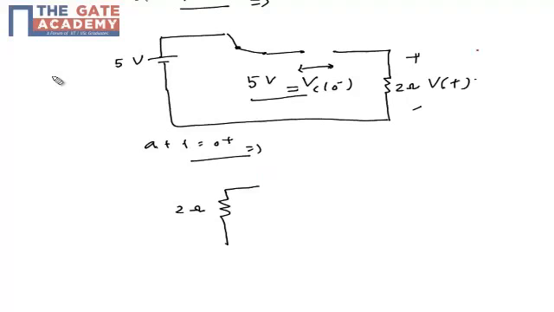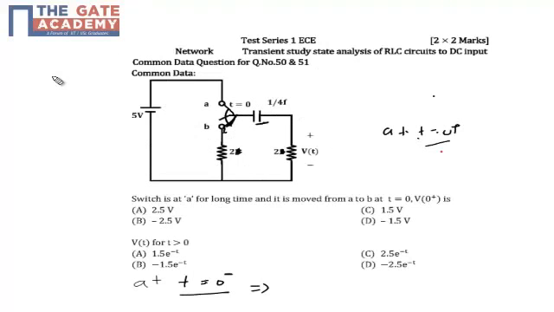We know that the capacitor opposes the sudden change of voltage. So my Vc0 plus must be equal to the Vc0 minus, which we have just calculated, equal to 5 volt.